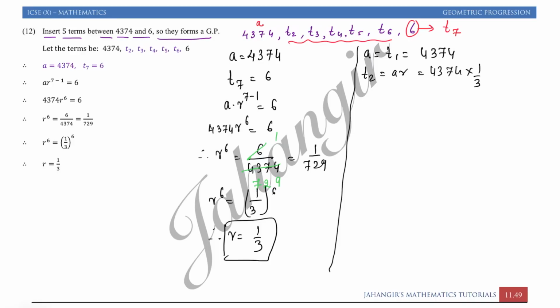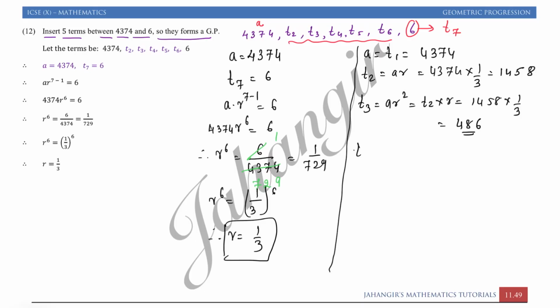Cancelling with 3, 3 ones are 3, 3 fours are 12, 3 fives are 15, 3 eights are 24, giving 1458. The third term is AR square, that is term 2 into R, that is 1458 into 1 by 3. So 3 fours are 12, 3 eights are 24, 3 sixes are 18, giving 486.